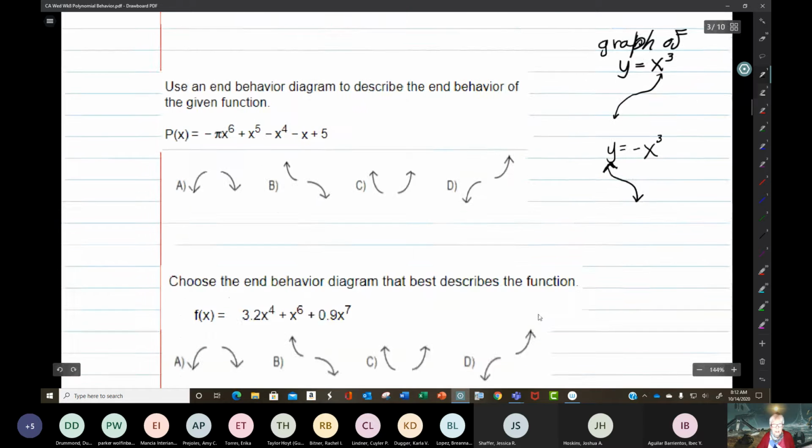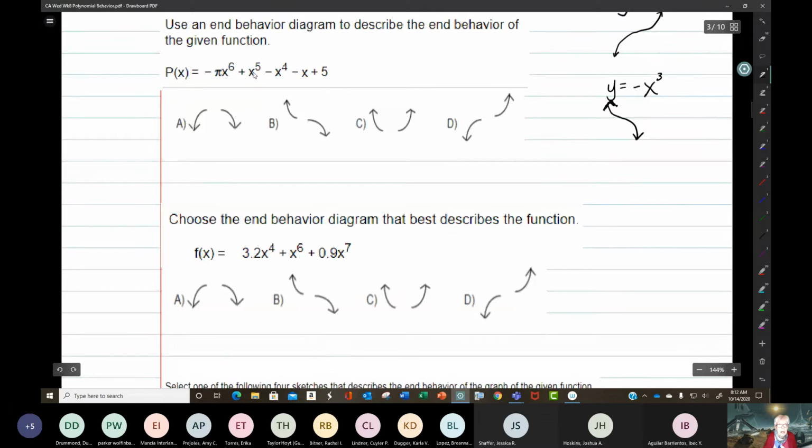We could go through here and just mark out all the other terms. They don't count. Except, look what they did here. They tried to trick us. I was going to mark out everything but the x to the fourth term. Look at that. That's the degree right there. That's the highest degree term, so we can mark out all the rest.